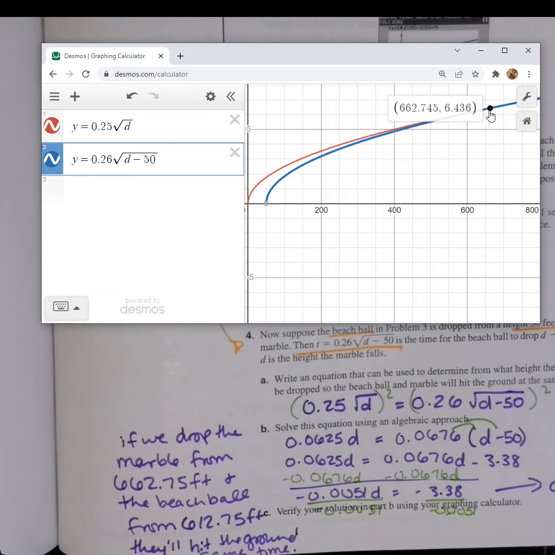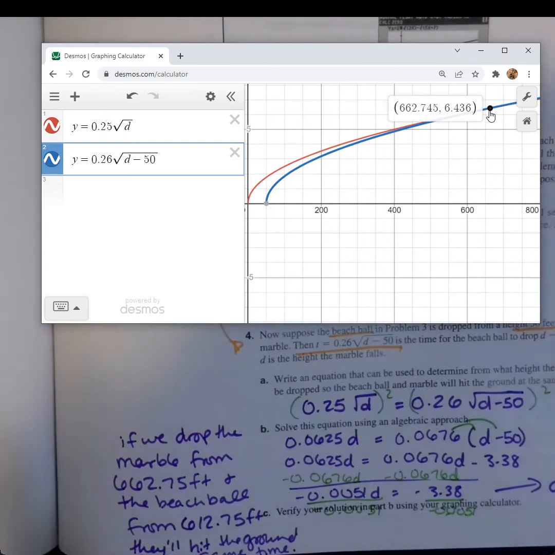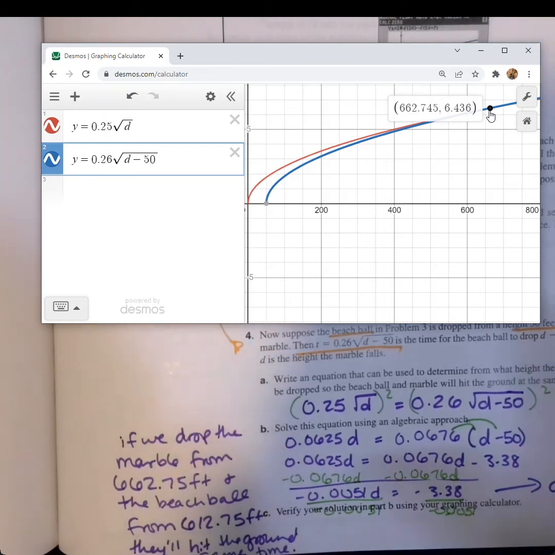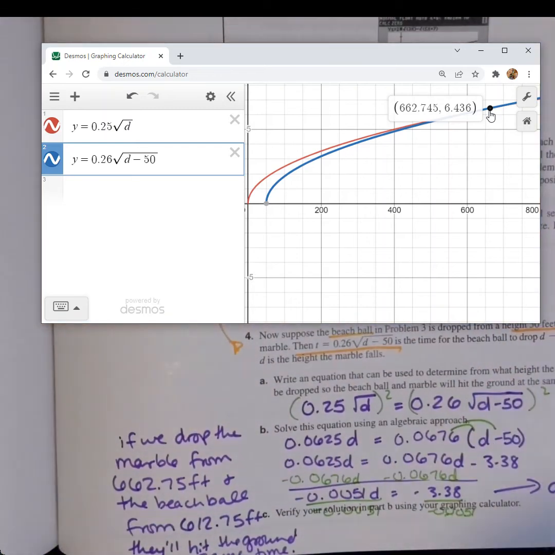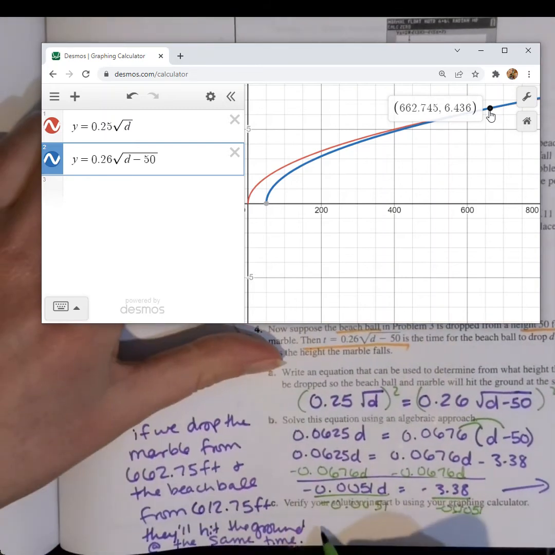And coincidentally, the output there of 6.436 is the time, it takes them 6.436 seconds, I believe. The units on here are seconds, to hit the ground. I'm just checking that they're seconds. Yes, they're seconds. So just for fun, we'll note that as well down here.